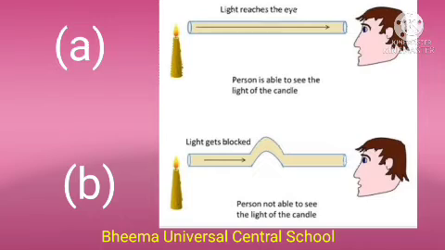Suppose you look at a burning candle through a straight pipe and a bent pipe, as shown in the following image. In which case would you be able to see the burning candle?